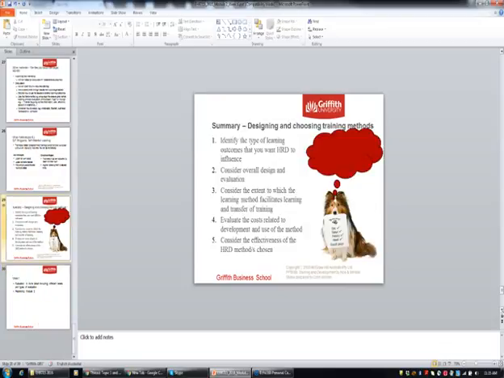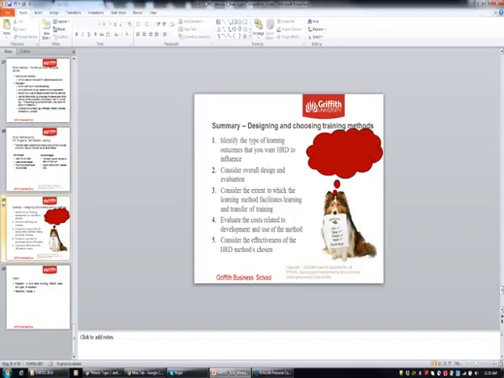Okay, so in overview, we really need to think about the learning outcomes that you want. So that's based on the needs that you ascertain and your own intellectual judgment too. The overall design is important, what methods you're going to use and how you're going to evaluate the program.